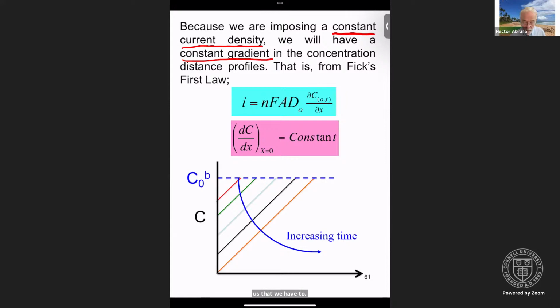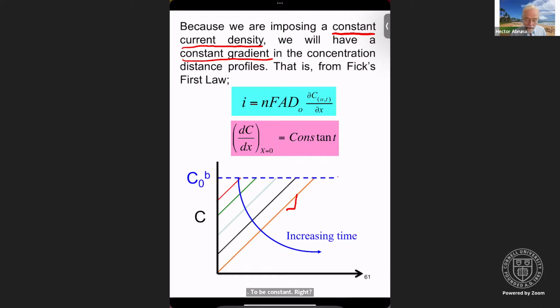So if this is the bulk concentration of ox in the beginning, when we impose a current density, all of these profiles will have the same slope. They have to, because we are forcing it to be that way. The profile will propagate into solution for sure, but the slope will be the same because we're forcing it to be constant.